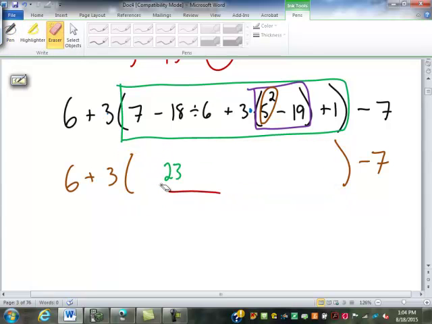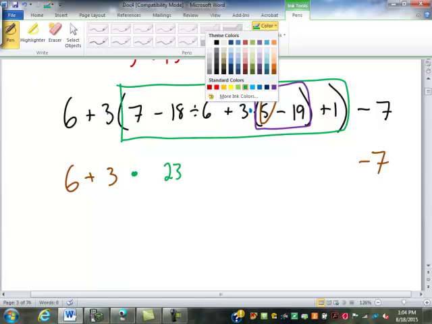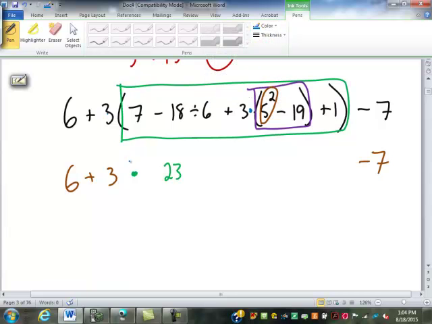So now I've reduced that set of parentheses to a single number. So what do I do? I take them out, and I have to remember to put in multiplication there. Now what? We multiply. 3 times 23 is all this stuff. There's no other enclosing symbols, no other exponents.